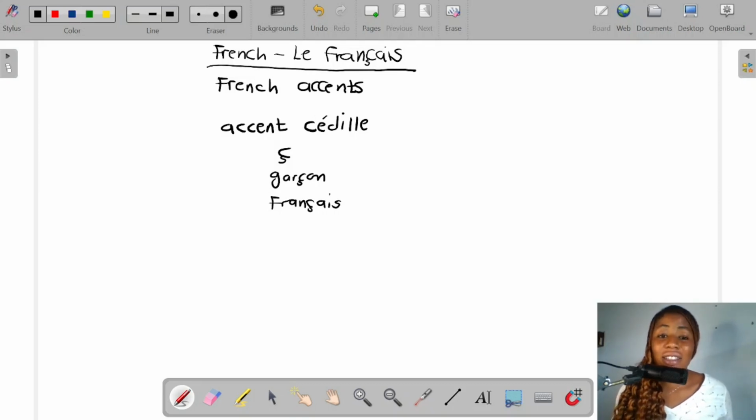How does this accent work? It works by making the letter C sound more or less like S, for example, when it is placed before the vowels A, O, and U. In a normal note, when you write C-A, C-O, C-U, C is normally pronounced as K. It takes the K sound.